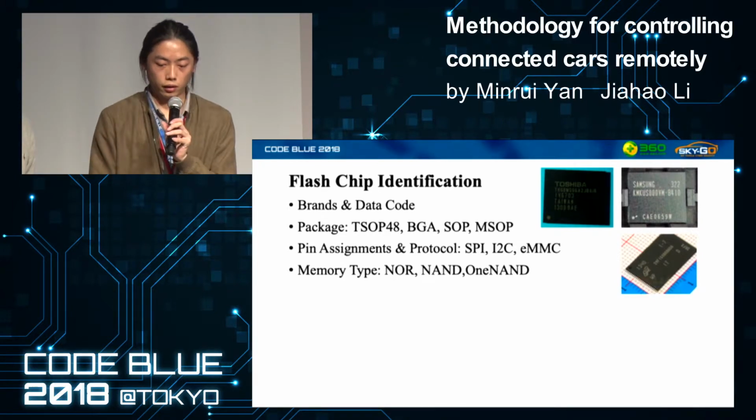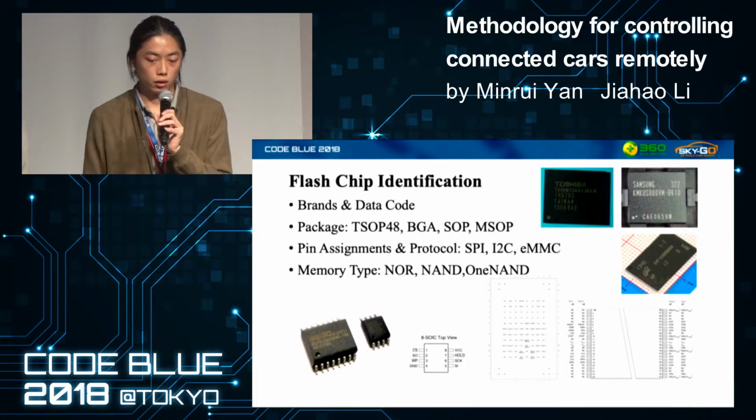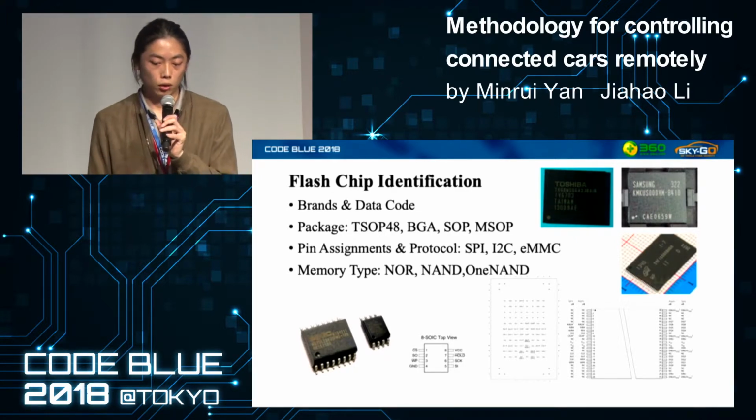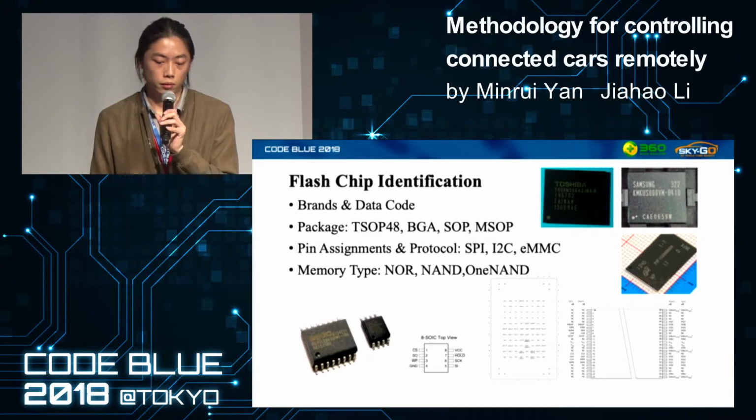According to the pin assignments, we can know what protocol it uses and what it is used for: boot ROM, operating system, or cache. And we can use the right programmer to dump the firmware.